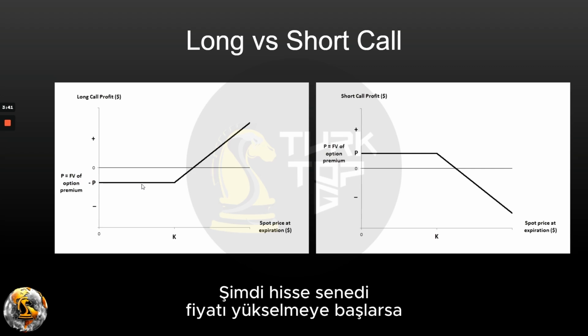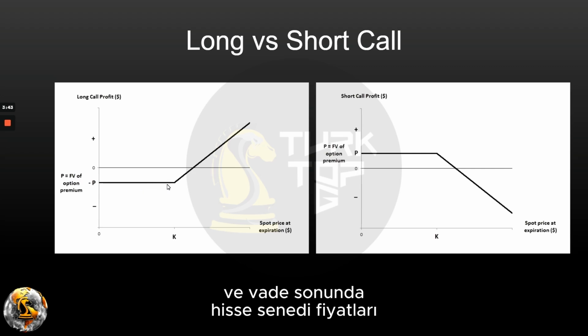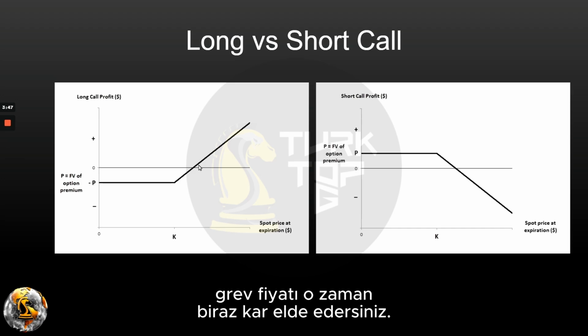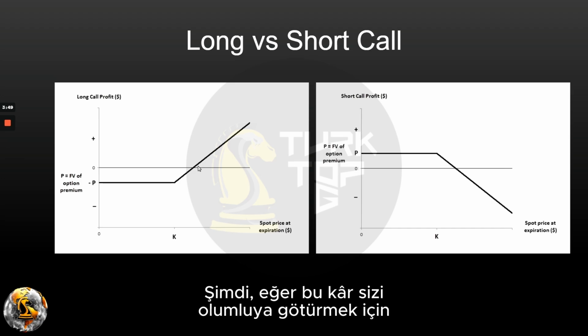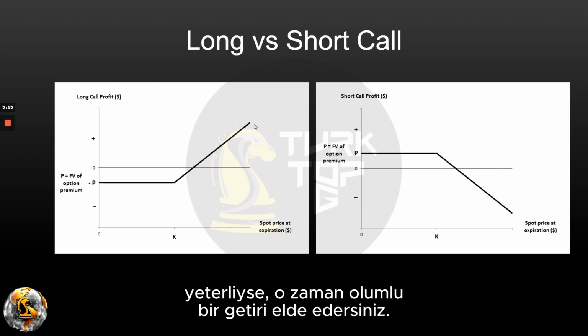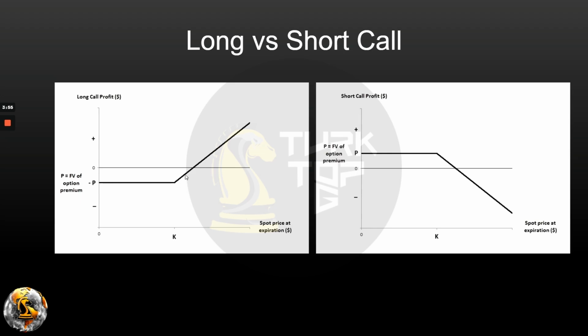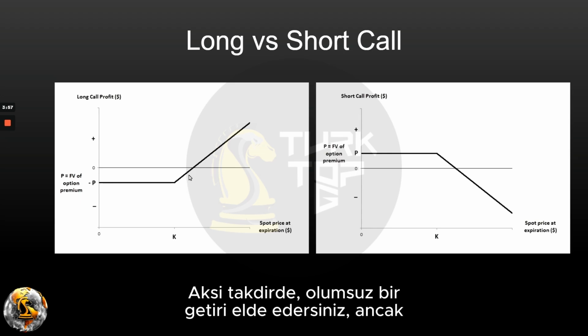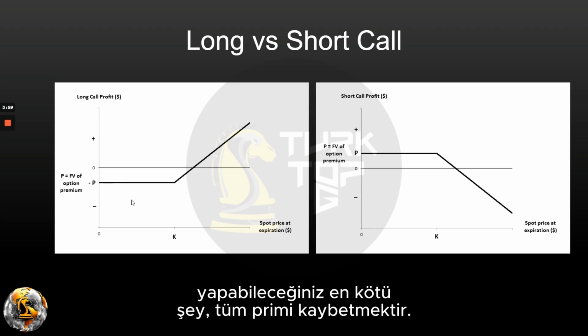Now if the stock price starts to rise, and by expiration the stock price is above the strike price, then you will get some profit. If that profit is enough to get you in the positive, then you will have a positive payoff. If not, you will have a negative payoff, but the worst you can do is lose the entire premium.